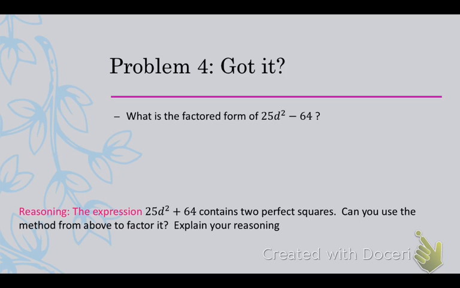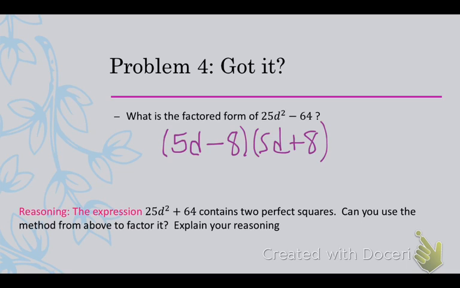Alright, so I want you to try this one, and then I want you to think about this question. Pause the video and do it. Okay, so you should have had 5d minus 8 and 5d plus 8.